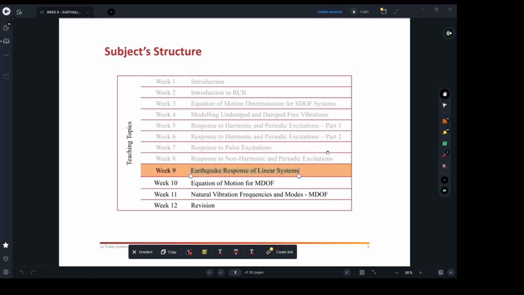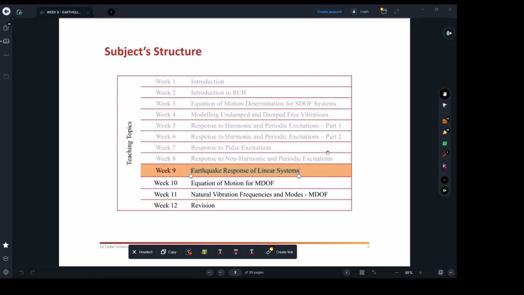What you did last week is just one step that would need to be applied frequently on different systems in terms of changing its properties, talking more specifically about the natural time period.